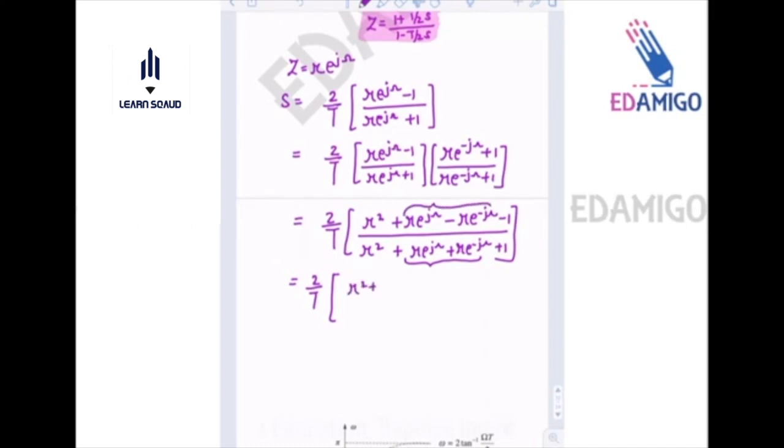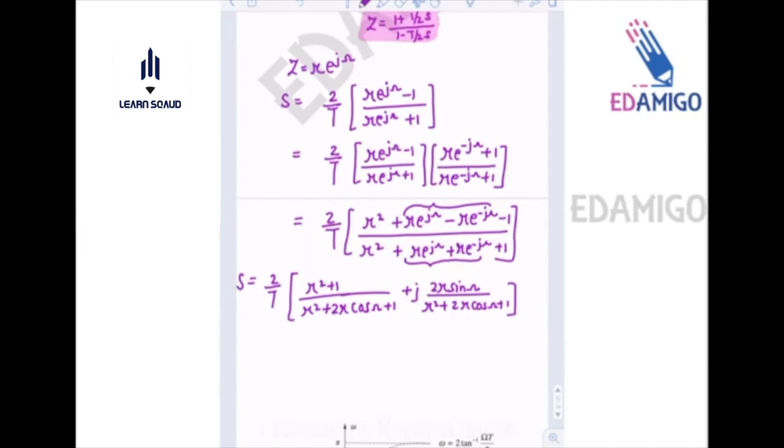So this will give R square minus 1 divided by R square plus 2R cos sigma plus 1, plus j 2R sine sigma divided by R square plus 2R cos sigma plus 1. So I can say that this is equal to S.